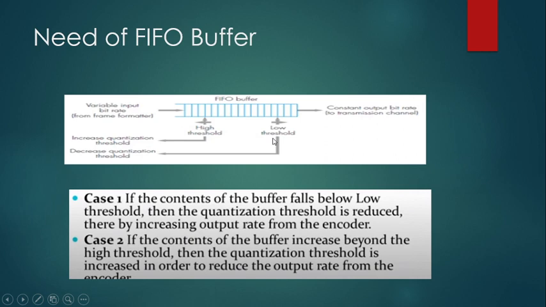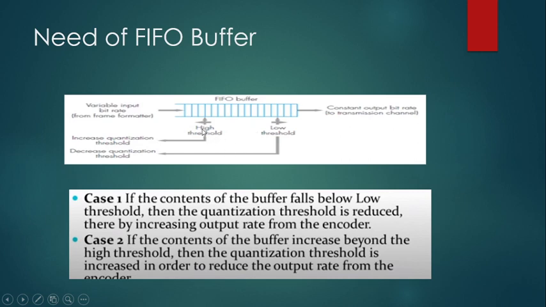In the first case, if the contents of the buffer fall below the low threshold, that is, if the information in the buffer is falling to a lower value, then we can decrease the quantization threshold so that more bits can be used and the buffer is going to be filled up.